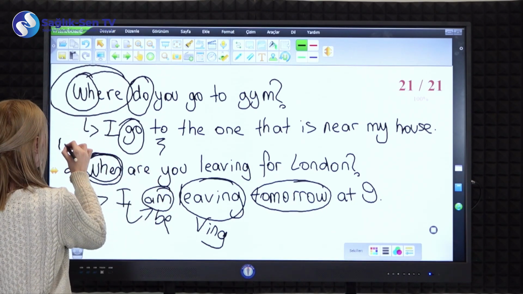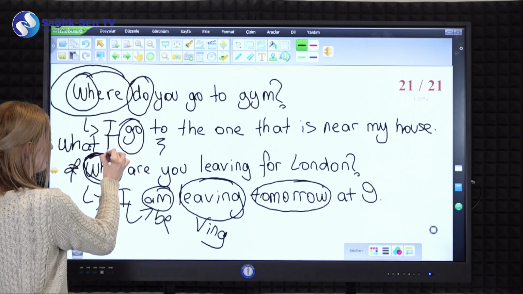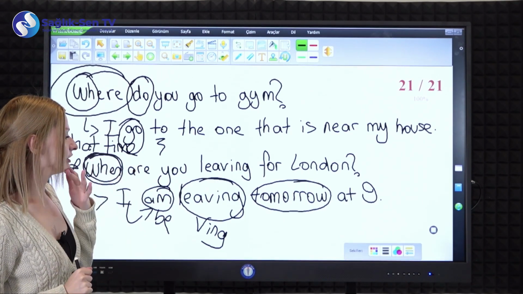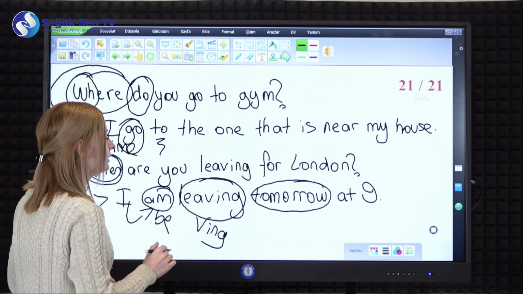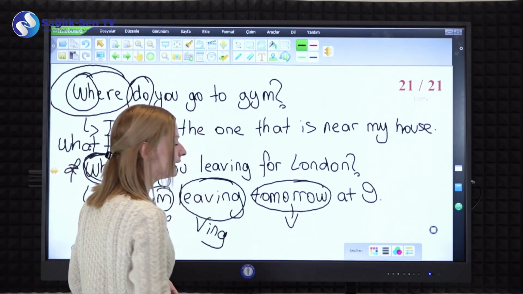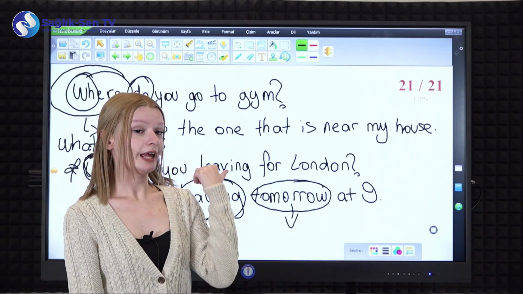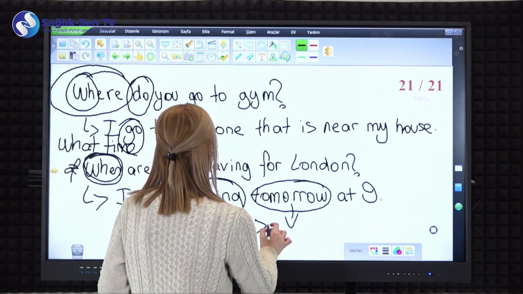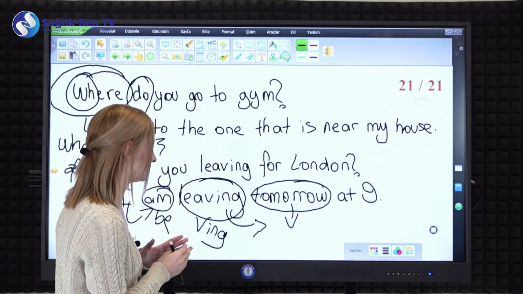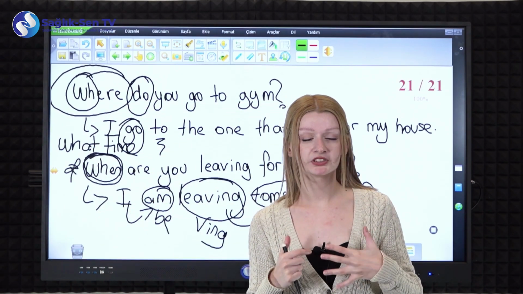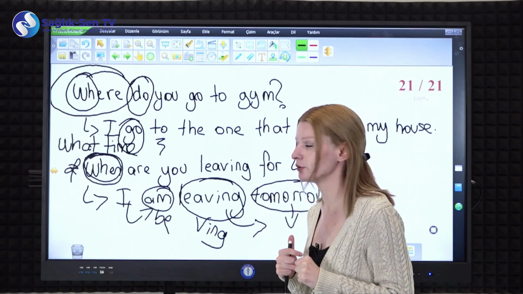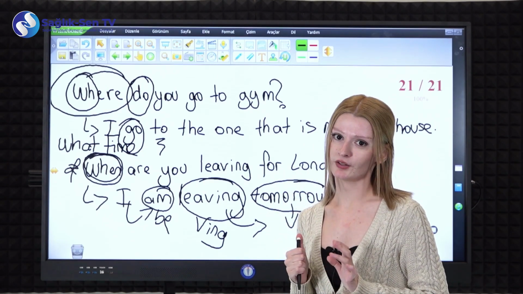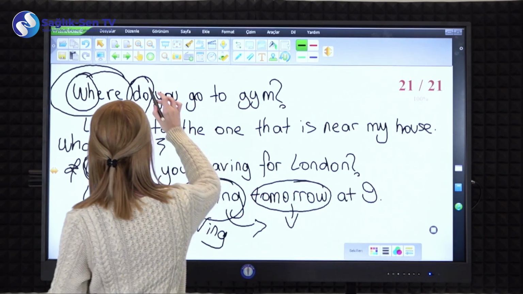We could also say what time. They have the same meaning. Our answer is I am leaving tomorrow at 9. This indicates our answer better, and we can understand that this sentence tells us that this action will happen in the future. That's why we use it with present continuous.